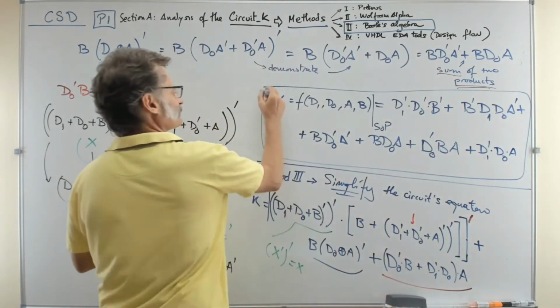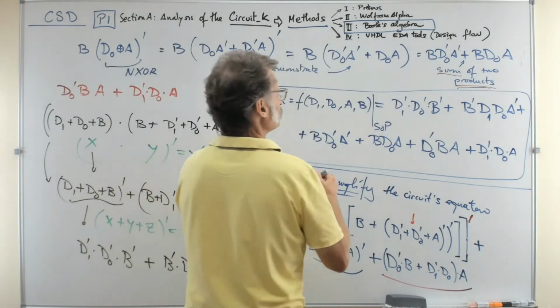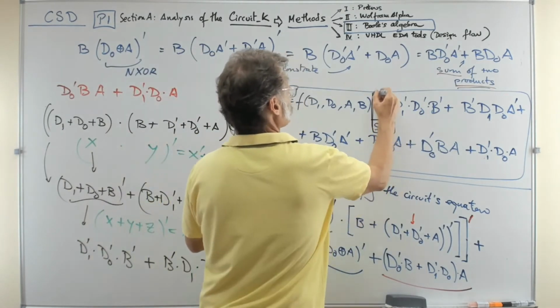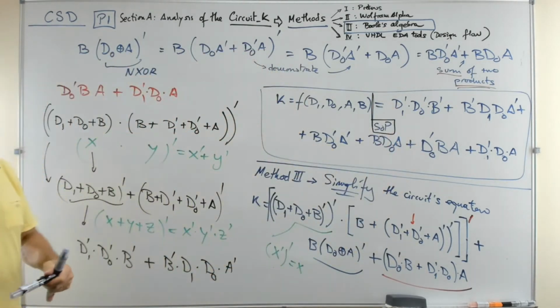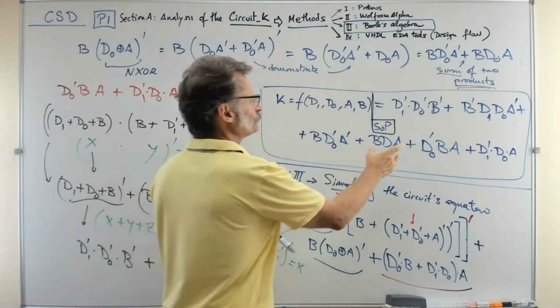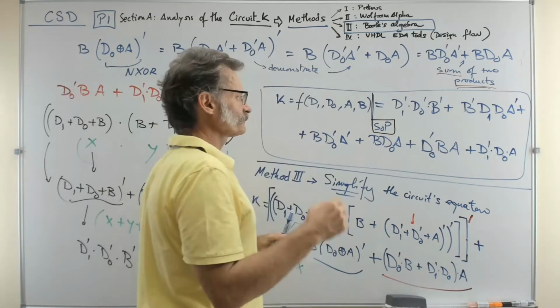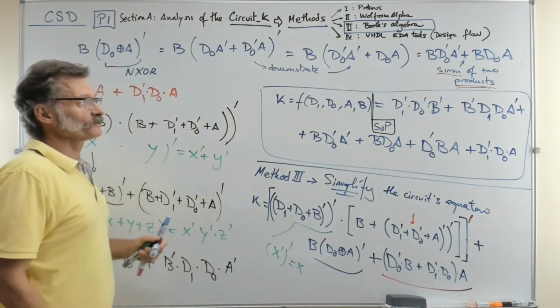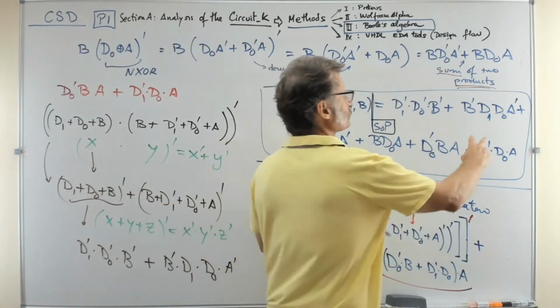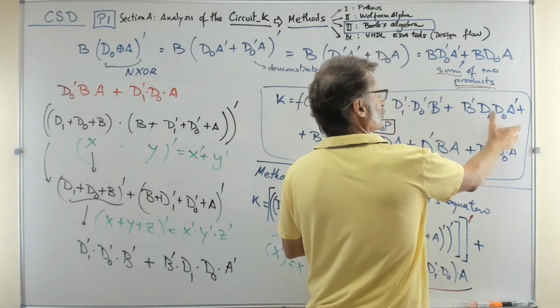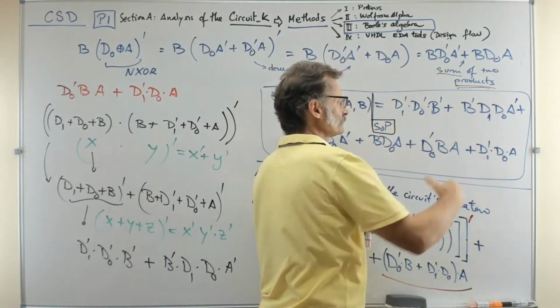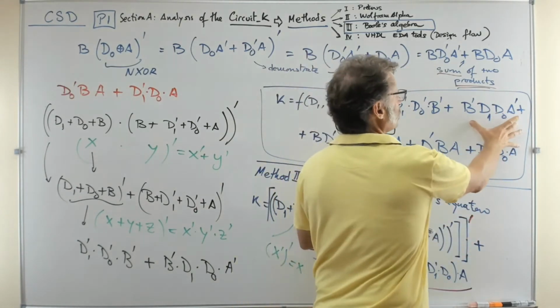Now as a sum of products, you see? That's the function. So you have a sum of 1, 2, 3, 4, 5, 6 terms. And if you realize that only one of the terms contains all the variables, you can reorder it in another way, but this has all the variables.